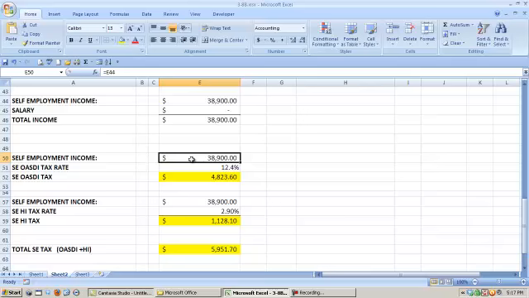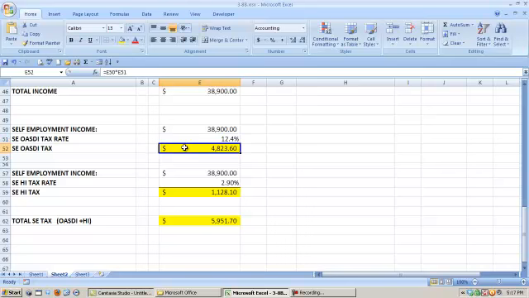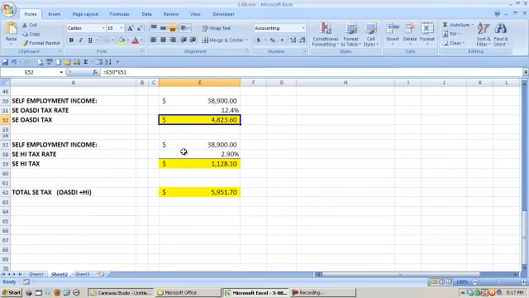So we simply take the full dollar amount, multiply it by the self-employment Social Security tax rate of 12.4%, and we're looking at a self-employment OASDI tax of $4,823.60. Now remember, we need to calculate the other half of the self-employment tax, which is the Medicare tax.